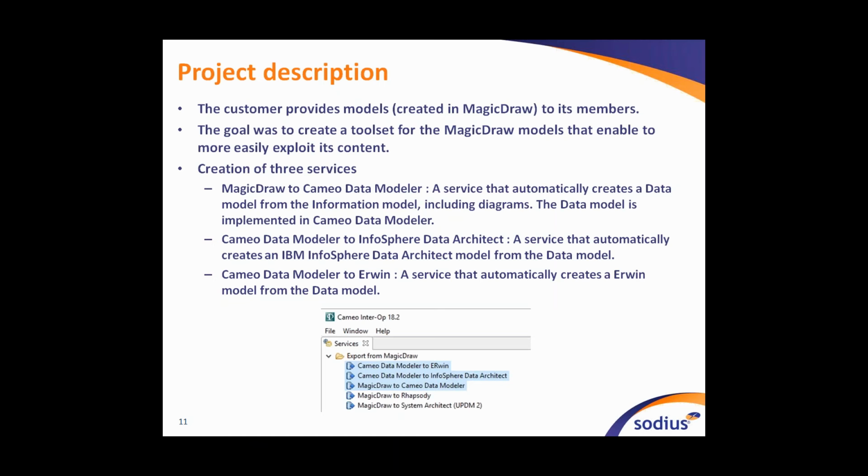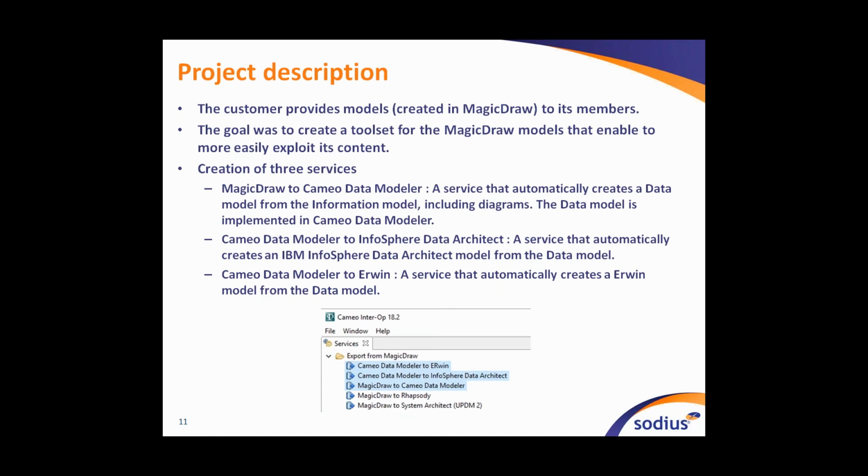So for this customer, we have created 3 special services. One service is called Magic Draw to Cameo Data Modeler, which automatically creates a data model from the information model, including diagrams.